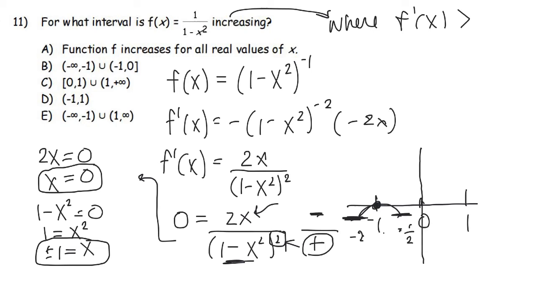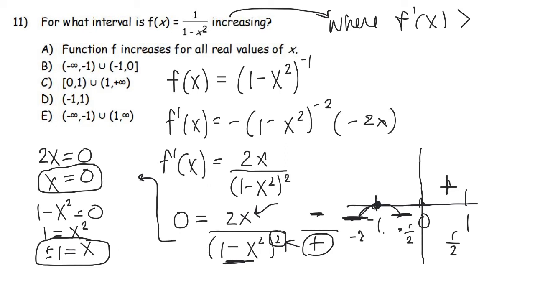So let's see, what else? What about on the other side of 0? Let's choose a positive 1/2. If I plug in a positive 1/2, then that's going to give me on top a positive, denominator positive, so I have positive going on here.